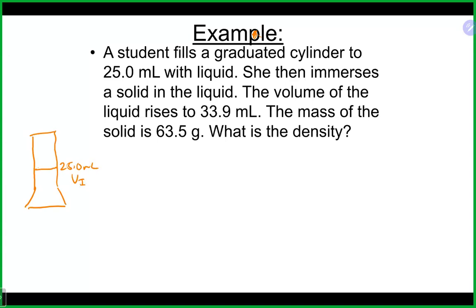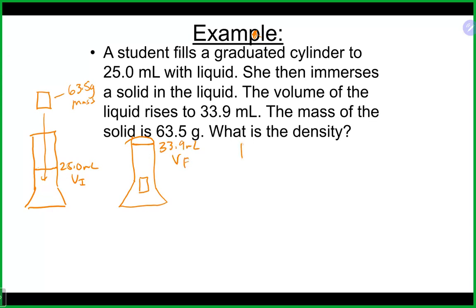We're going to take this solid object here that has a mass of 63.5 grams, which is our mass, and we're going to drop it in there. And obviously, when that happens, we are going to see our volume rise with the object in there. It's going to rise to 33.9 milliliters, which would be our final volume.